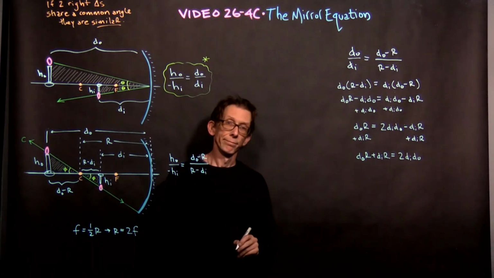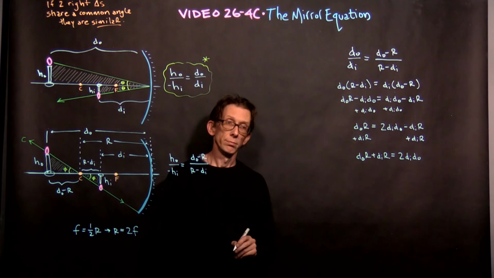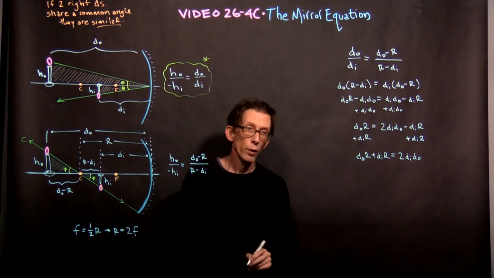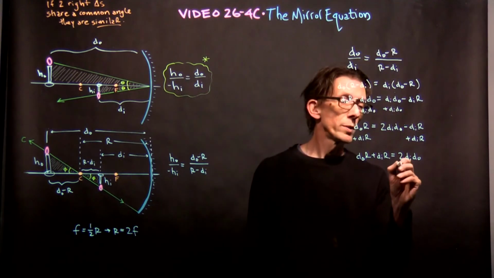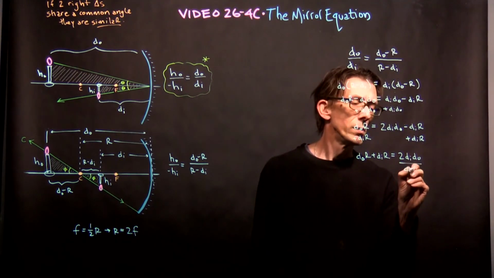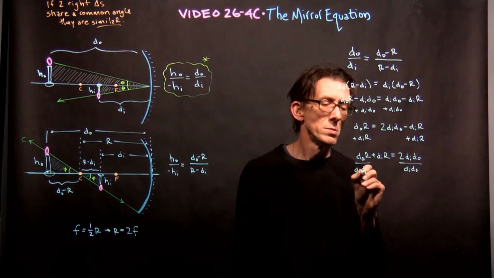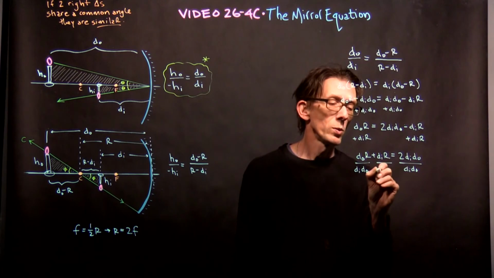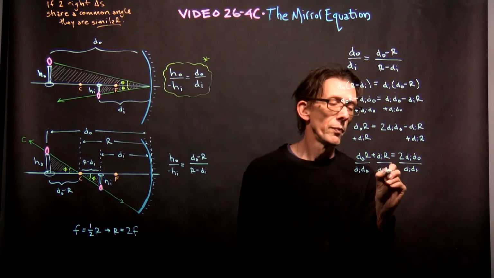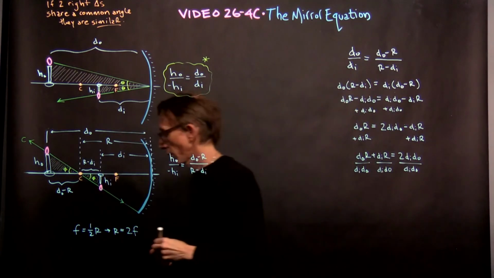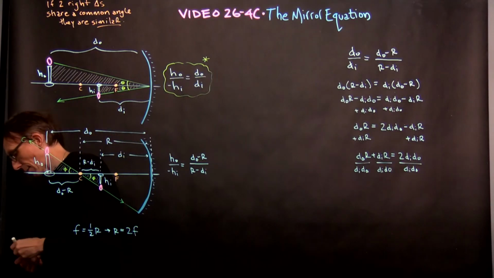Okay. Got to rest for a second. Take a deep breath. Chill. Grab some coffee. Now we're going to divide all the terms by DI D naught. Why? Because we can. And we're going to get some nice cancellations.